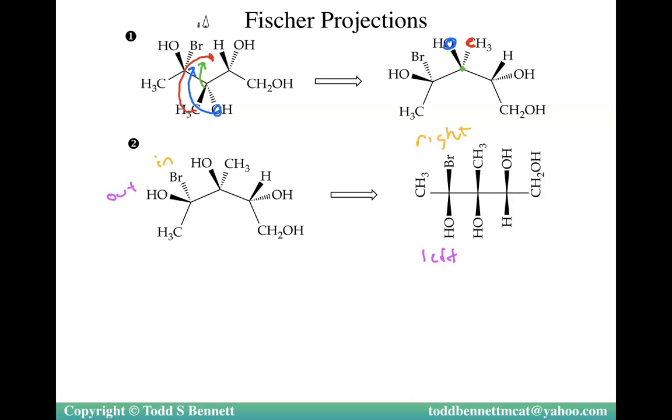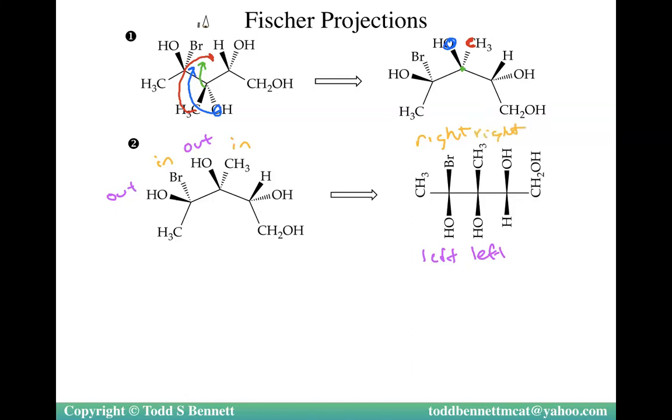This OH on the third carbon is going to be out. Timeout. Did not want to do that color. This one's going to be out, so it's going to be left. The CH3 on carbon 3 is going to be in, so it's going to be right.